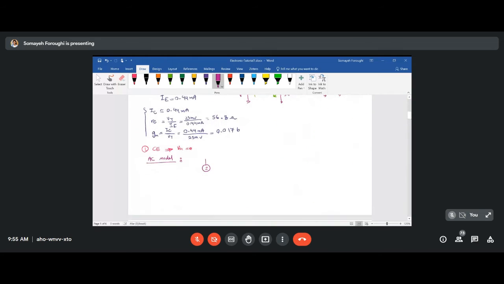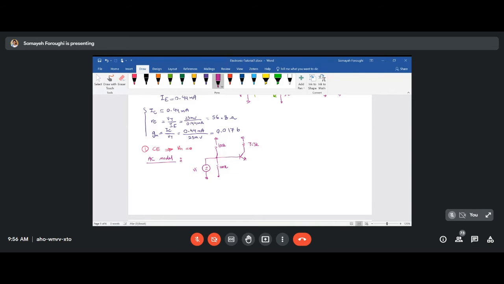So continuing here, I have this, which is my VI. All the voltage sources and current sources, the DC sources actually, will go to 0. We have something like this, and then I have an RC resistance, which is 3.3K.